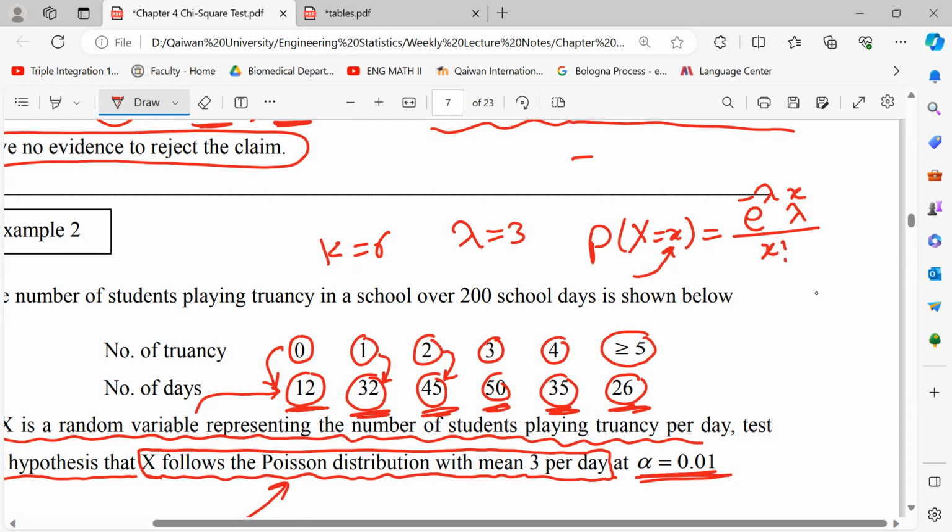This is the rule for finding the probability at a value in the Poisson distribution.